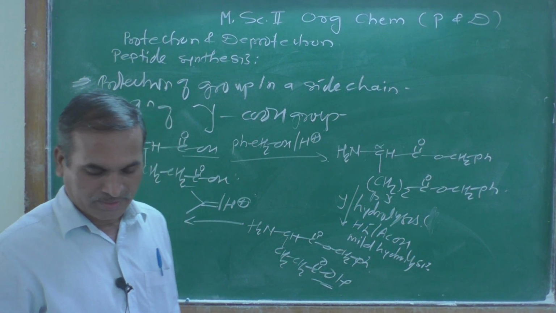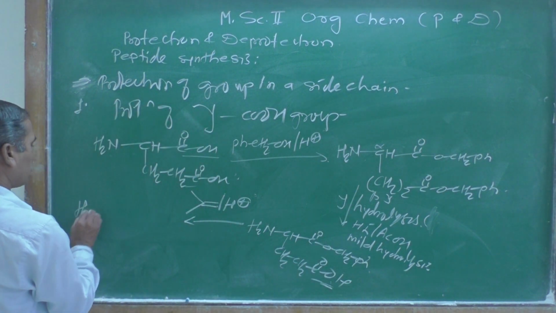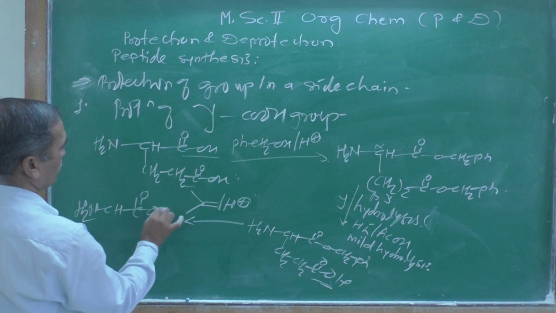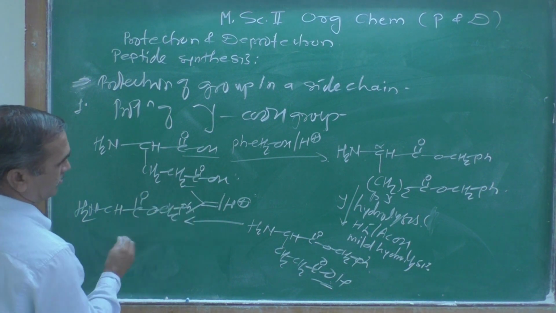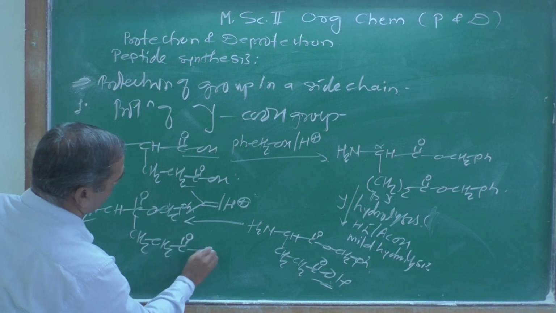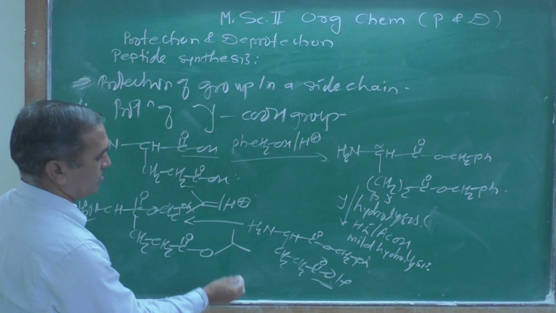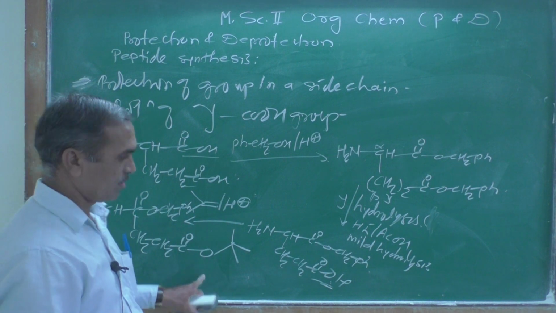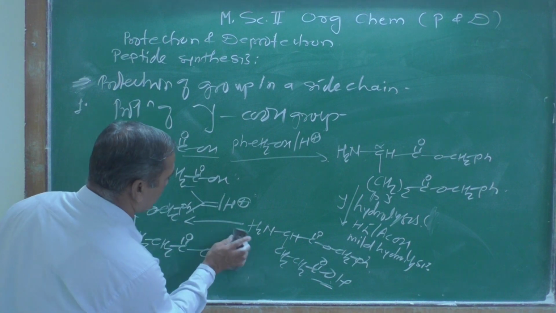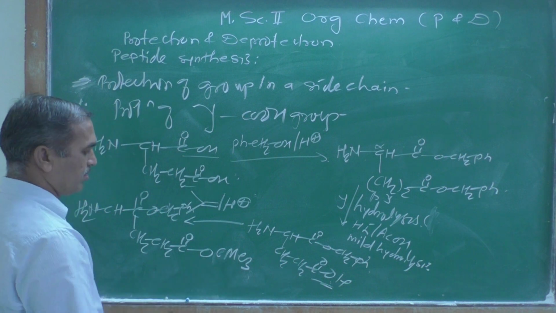What do you get? This group gets protected like this: H2N, CH, C double bond O, CH2Ph, then CH2, C double bond O, and this tertiary group. This is the tertiary group that is protected, or instead you can write CMe3, the tertiary butyl group.